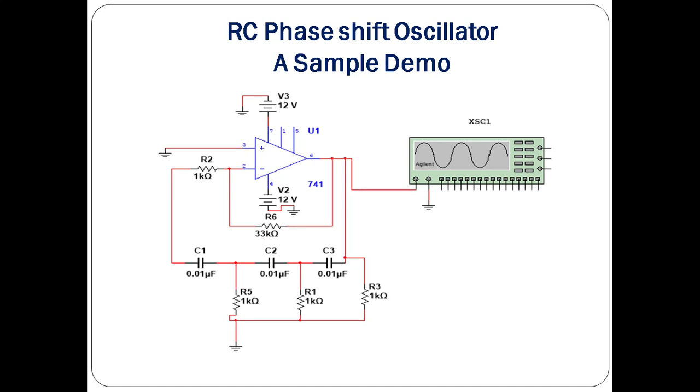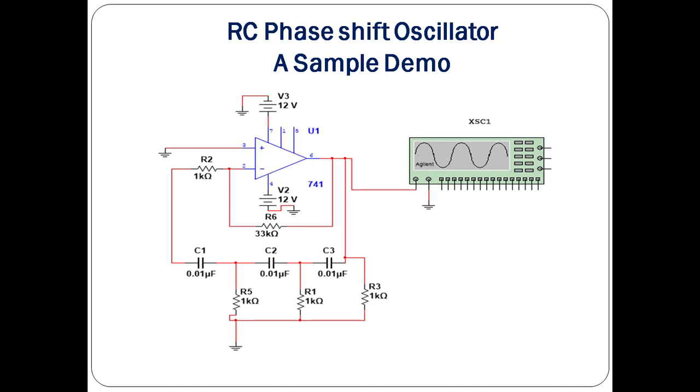In order to produce sustained oscillations, you need to satisfy certain criteria, and those criteria are known as Barkhausen criteria. A very first condition is A into beta should be equal to 1, where A is the voltage gain of the amplifier and beta is the attenuation factor. If you take a product of A into beta, you should get unity or greater than unity in order to produce sustained oscillations.